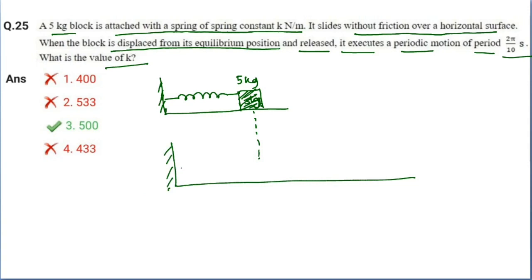The spring is stressed to some other point. If the block comes over here, then when released, suppose it comes over here like this.